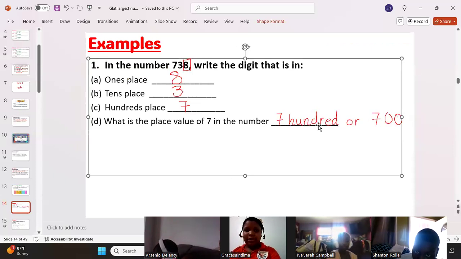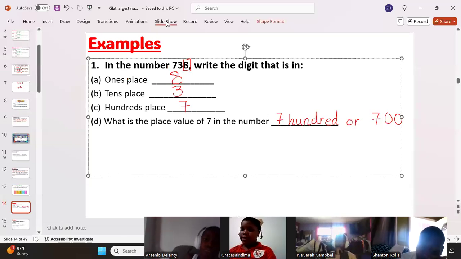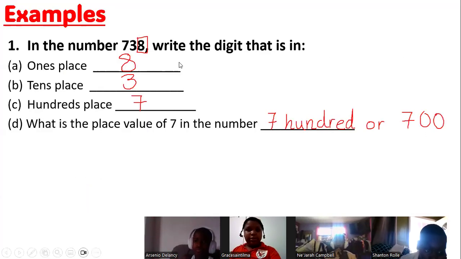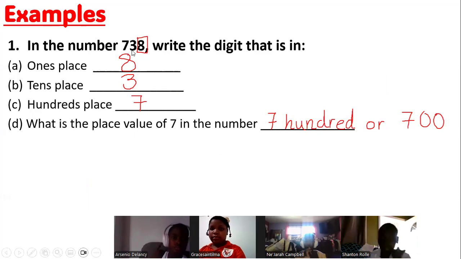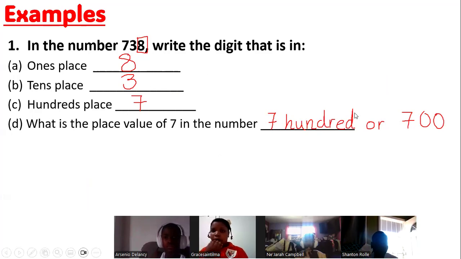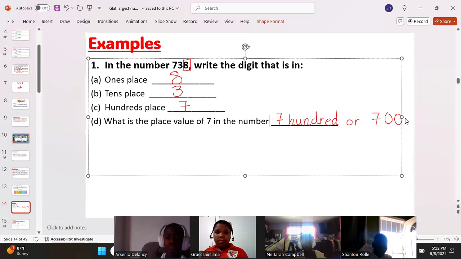Does that make sense to you all? Let me know, please. Yes, sir. Good. So the place value of 7 in 738 is 700, or seven hundred in word form. Okay. Now let's go to the next part.